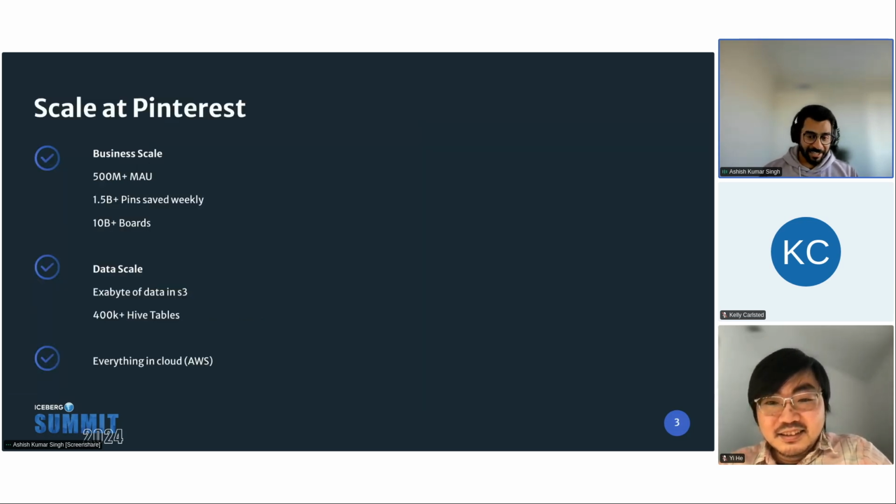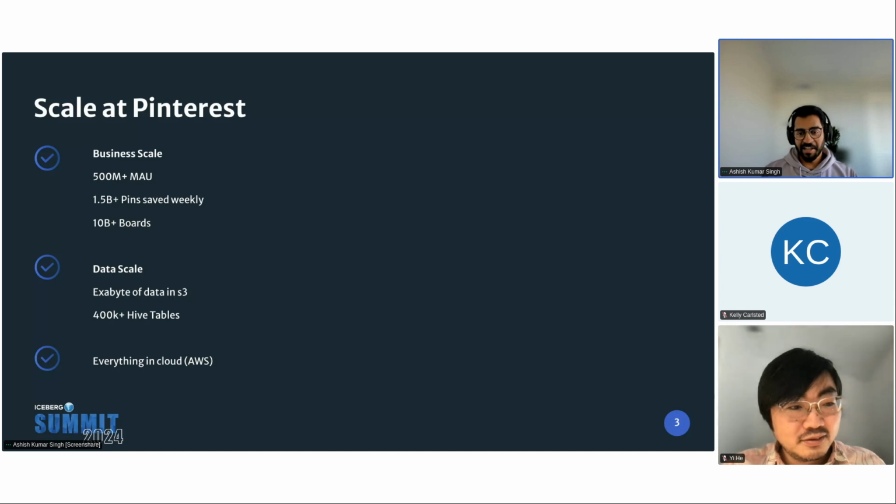So we're talking about data, and to win the credibility, we have to talk about the scale first. So here it is. At Pinterest, our business scale is over 500 million monthly active users. We have multi-billion pins that are saved weekly, tens of billions of boards.